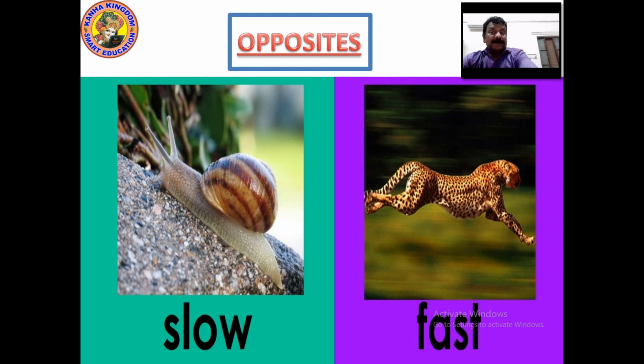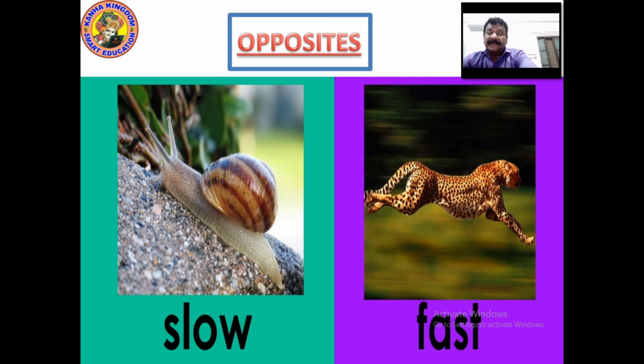The snails walk slow. And you look at the other side, where this is a cheetah, which is the fastest of all the animals in the jungle. It is supposed to run around 130 or 140 kilometers per hour. See how it jumps.